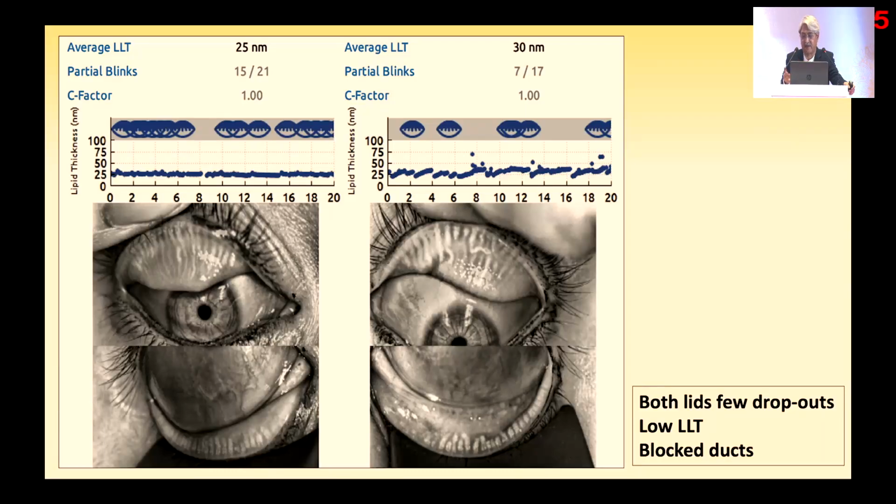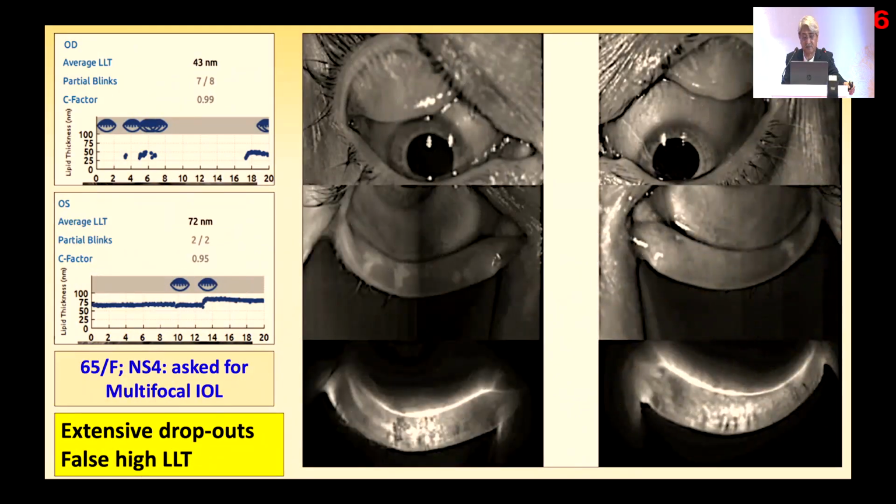C factor, capture factor is 100% correct, and there are both dropout areas and so many blocked glands. There is also extensive dropout area. There is no gland in the lower lid. You see, there is no gland. Still the LLT is a little higher. So it is again that squeezing, and a few small remnant glands are there. They actually gave those lipid layers.